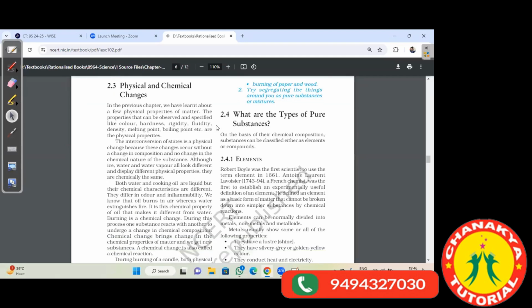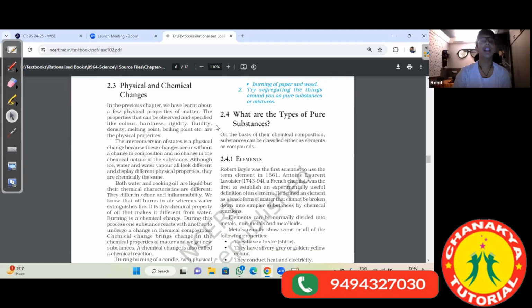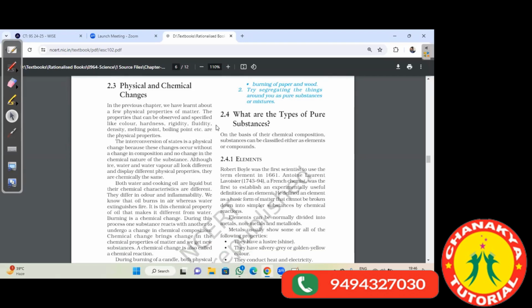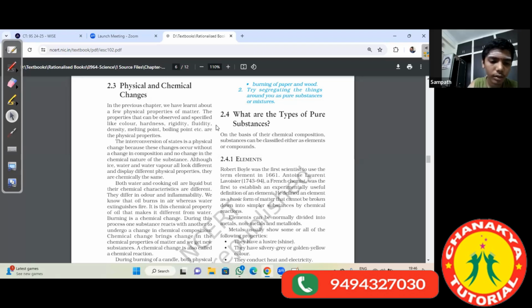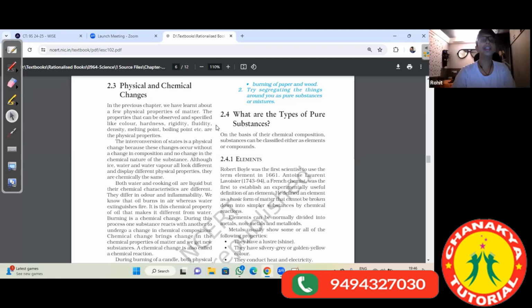What are the types of pure substances? Sir, elements and compounds, right? Okay. So first of all, what are pure substances? I think we had discussed what are pure substances. Can anyone remind me? Sir, a pure substance is a single kind of substance which cannot be separated into other constituents.